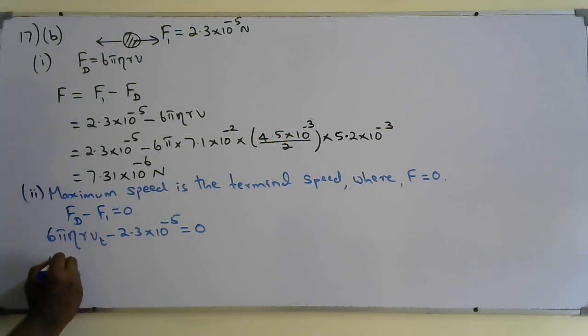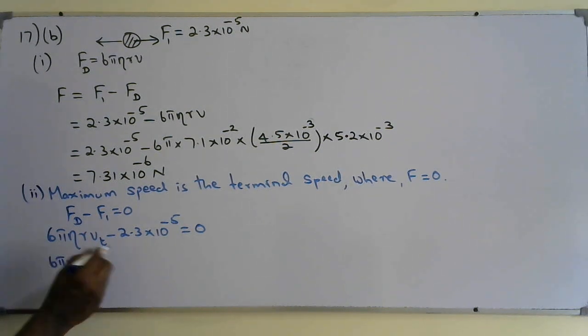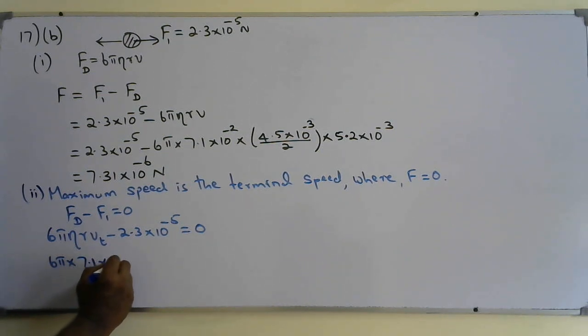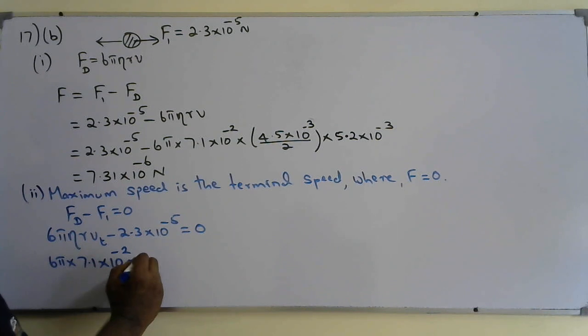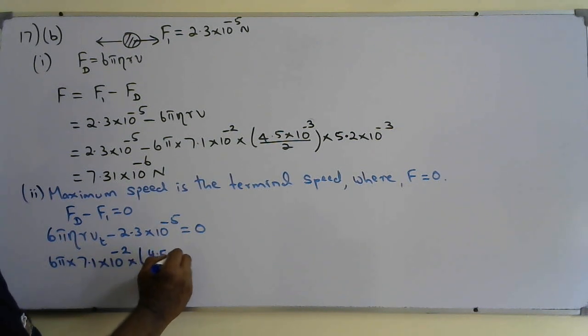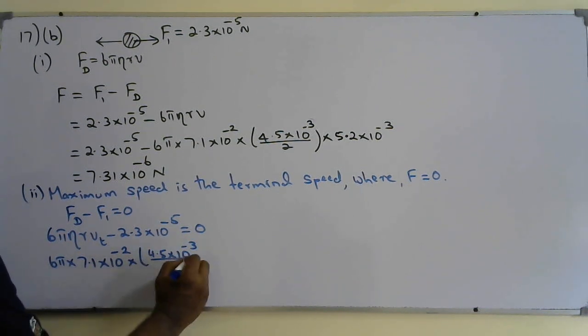So 6π, and η we know is given as 7.1 × 10^-2. The radius we have to find, 4.5 × 10^-3 divided by 2.